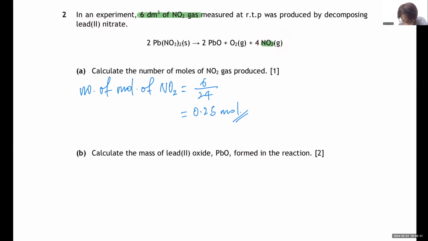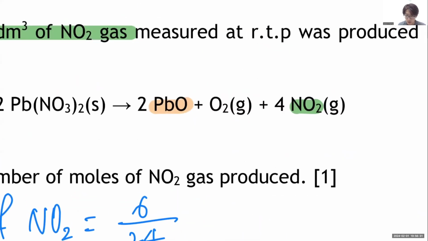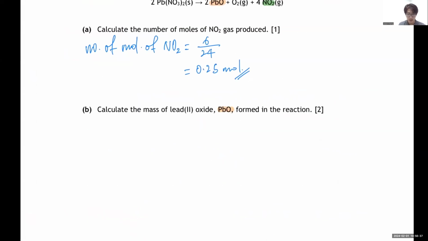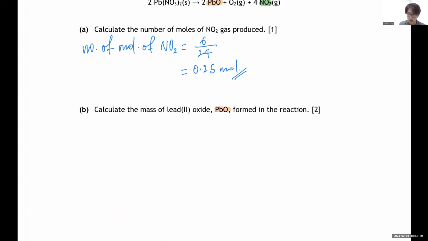Part B is asking me for PbO. What is the link? This is something that we were reminded of just now: we use the numbers in the equation. Therefore, we start off our workings with NO2, because I only have NO2.